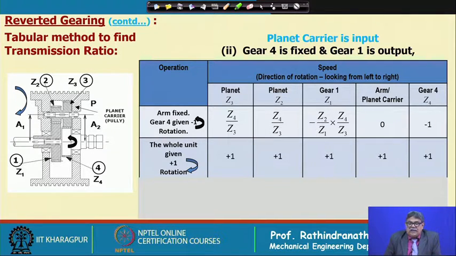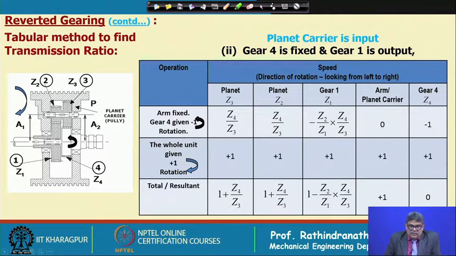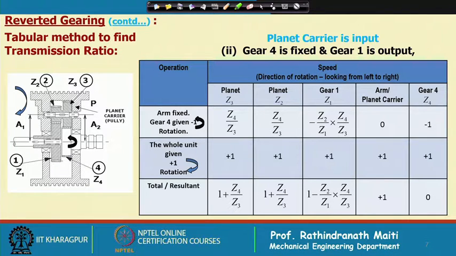So, we simply add the +1 to all in the same way as we did earlier, and we get that planet Z3 will have rotation 1 plus Z4 by Z3 and planet Z2 will have 1 plus Z4 by Z3, whereas gear 1, gear or pinion whatever you call it, will have 1 minus Z2 by Z1 into Z4 by Z3, arm planet carrier is +1 and gear 4 is 0.